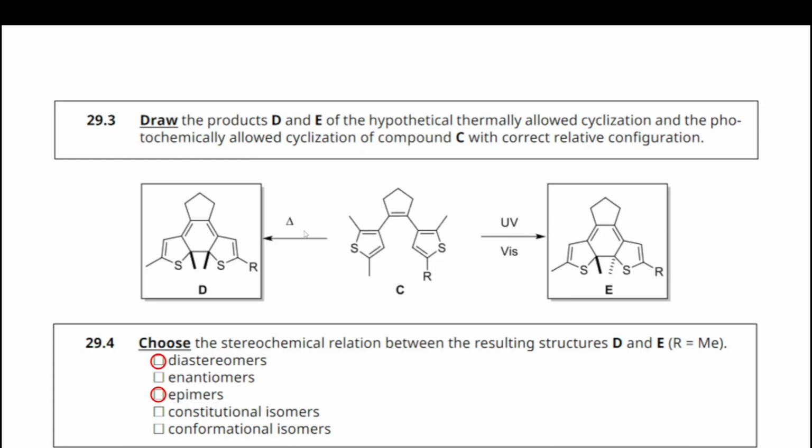It is just that one will be conrotatory, another one will be disrotatory, and that's why you will have different stereochemistry for the product. So here you can either memorize what the product will be, or you can do the analysis yourself, again showing the orbitals, thinking about the way they are moving, and also thinking where the methyl group would go. And you will arrive at the answers shown here.